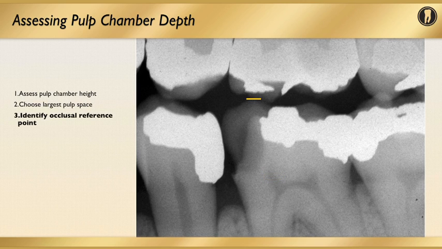Then we want to identify the highest reference point on the tooth through examination of the bitewing radiograph. This allows us to measure from that point down to the highest point of the roof that has already been identified on the radiograph. It's at this point where we can expect penetration into the canal space.